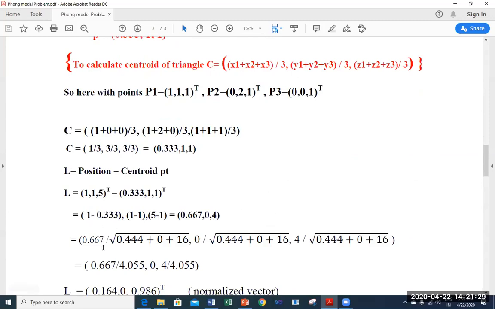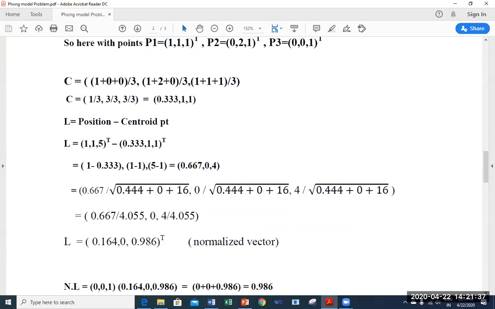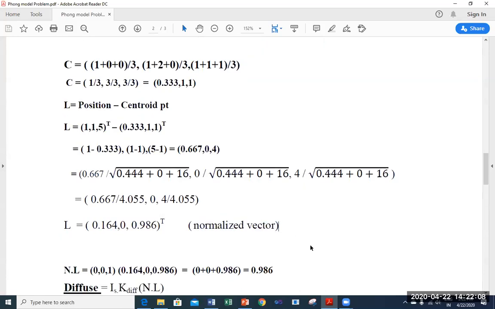Okay, so when you calculate the normalized vector for this given light position value, you get a divided by root of a square plus b square plus c square, b divided by root of a square plus b square plus c square, and similarly c divided by root of a square plus b square plus c square. So you will get the value 0.164 comma 0 comma 0.986. Okay, we are going to convert to your normalized vector value.